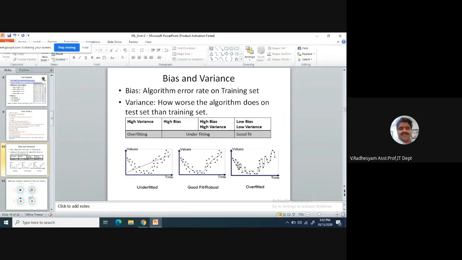Can anyone please respond on this particular slide? This is a very, very important slide. Actually, every time we will expect 100% accuracy. First we have executed on a training set. I have got 90% accuracy.